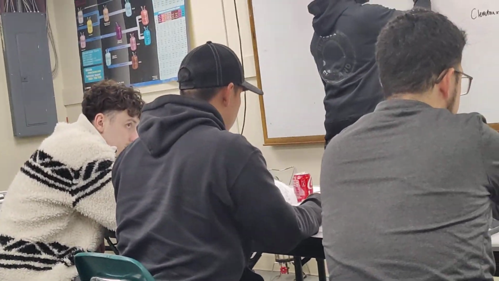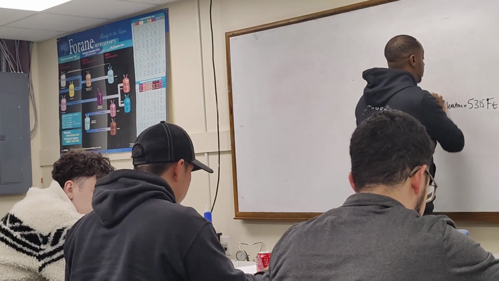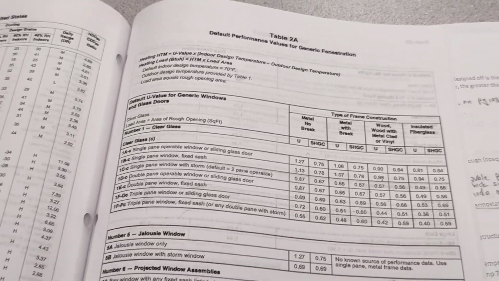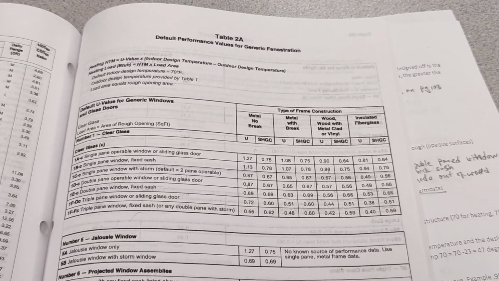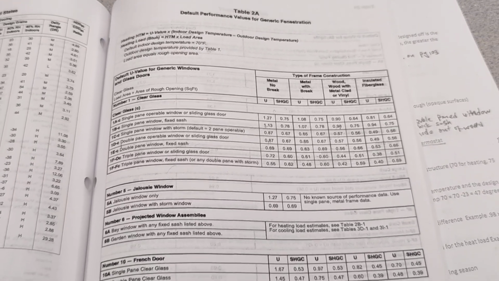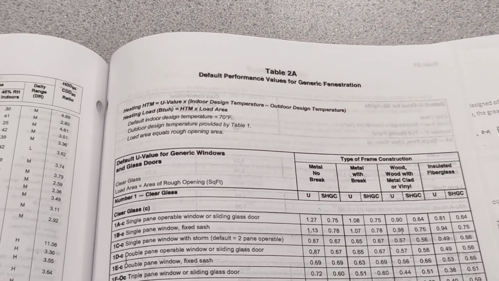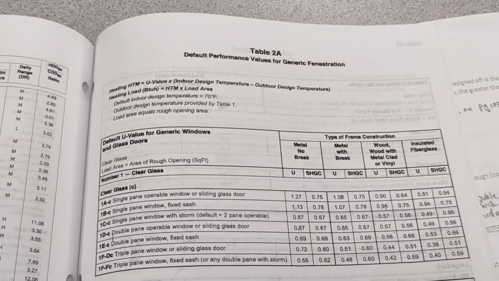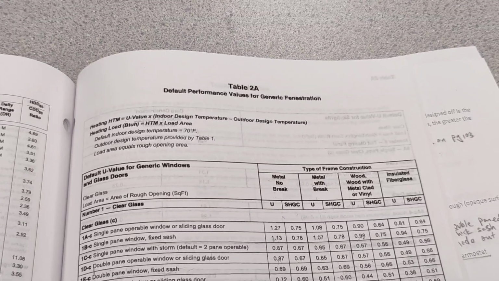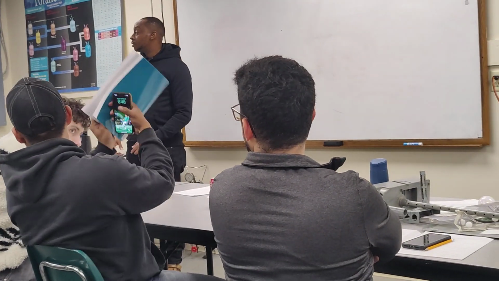What is it? 133. All right, y'all come over here, because I'm trying to teach them how to use Manual J. Do y'all have a Manual J book? Somebody show them the Manual J book.